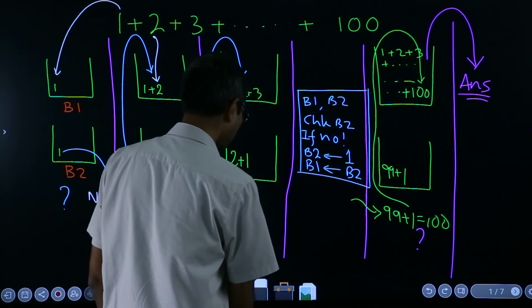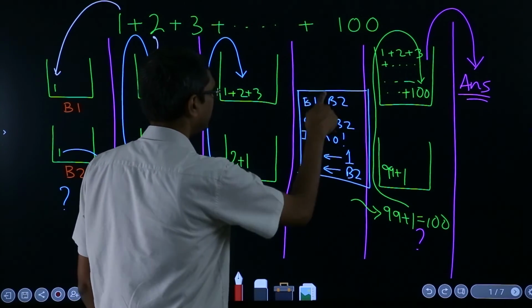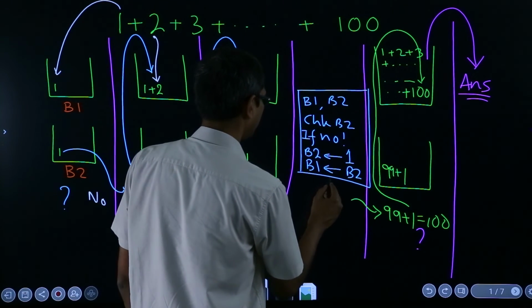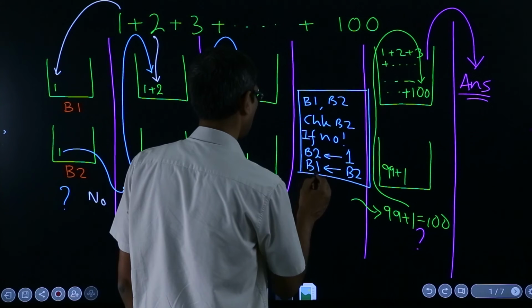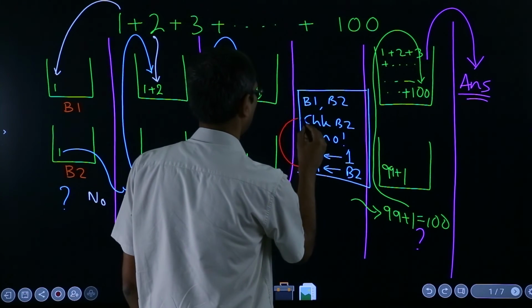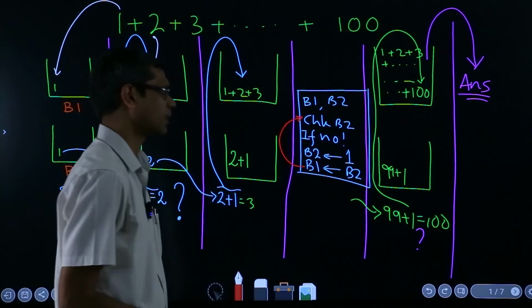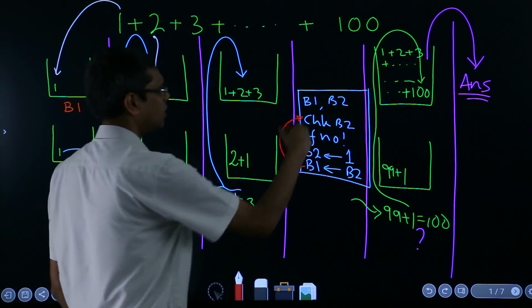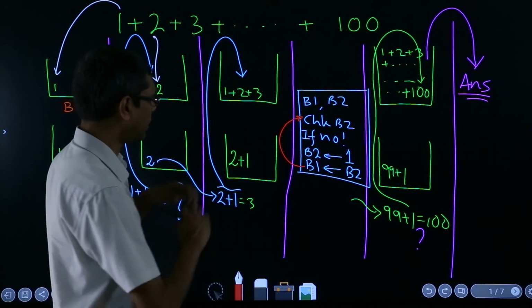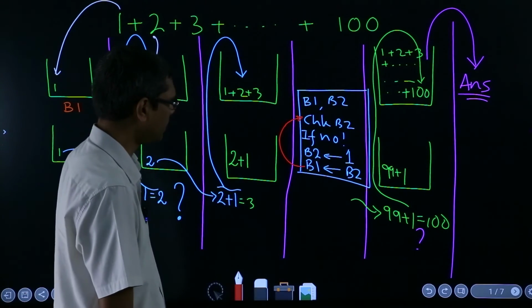Then you go back to check B2. That's how you think about repetitive steps.